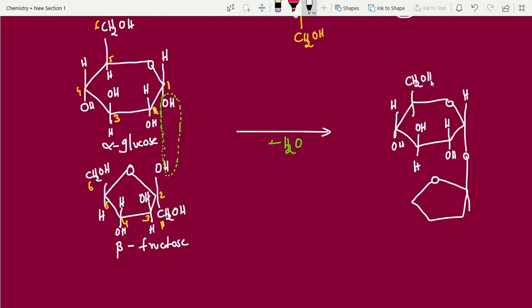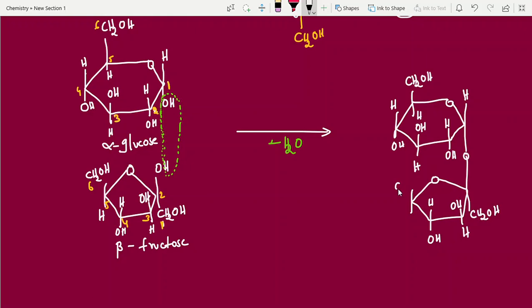In competitive examinations, they are just asking what the linkage is, but in board examinations, whatever you are writing, we have to write whole atoms and groups. Otherwise, they will not give a single mark also. CH2OH. Here as it is OH, and this is H, H, OH.